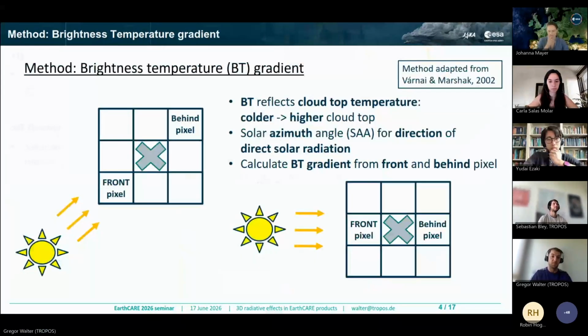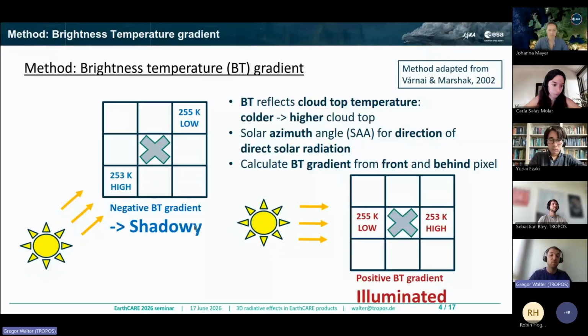So we can use the brightness temperature gradient as a simple proxy for this effect. So here we can see the axis, the pixel we are considering, and based on the solar azimuth angle or sun position, we can then identify a front pixel and a behind pixel. And with the brightness temperature gradient reflecting the cloud top structure, we can then conclude how the cloud slope looks like.